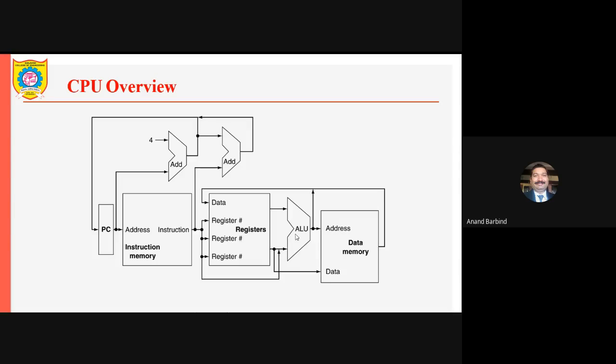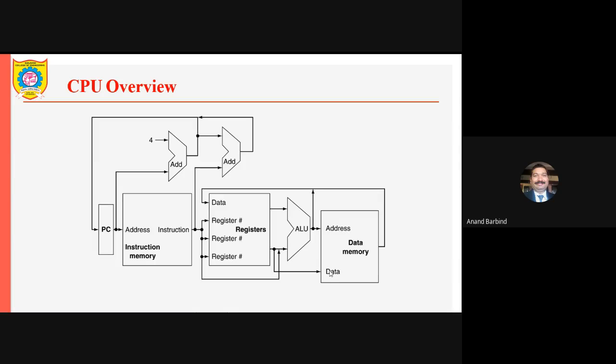Like this, you have the ALU, that is the arithmetic and logic unit, followed by the register file. The ALU is followed by this data memory, and the data memory always receives the address from the ALU.